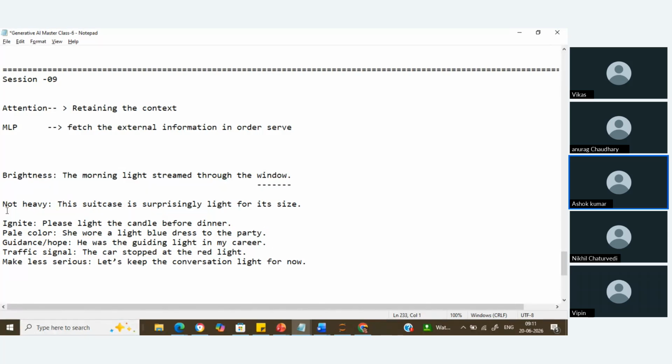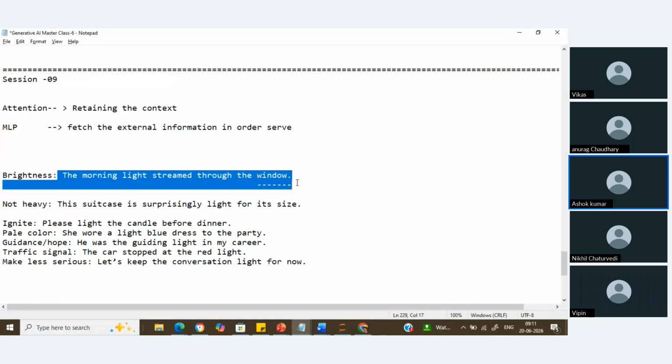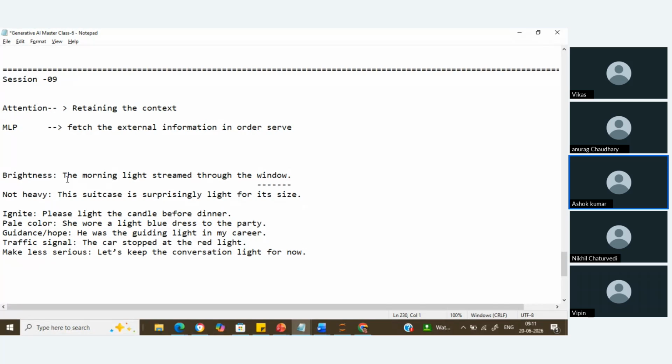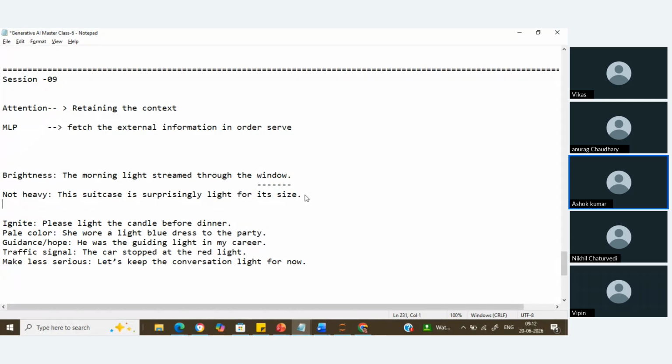And what is the intent, or the context, from this line? It is nothing but brightness. This is not rocket science, you just need to pay attention. Now, the suitcase is surprisingly light for its, and over here the prediction is nothing but size. We can predict different words over here.